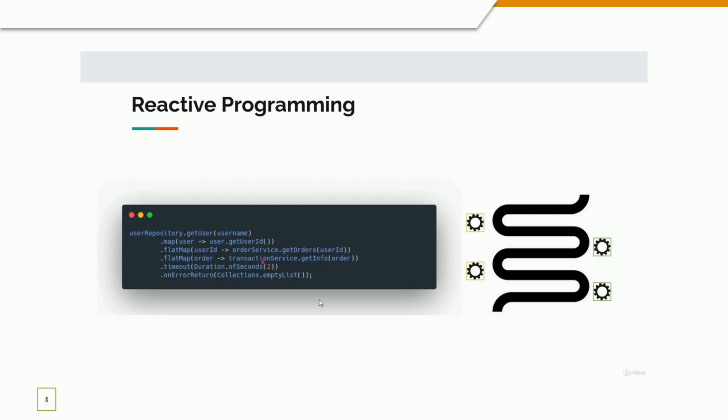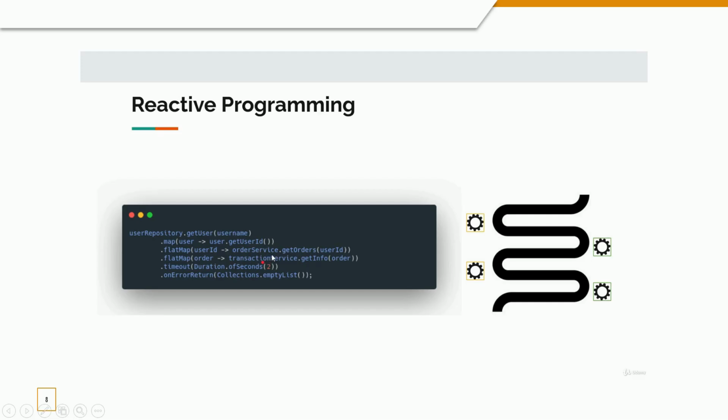Here we have reactive programming, which is also called the declarative approach. See the difference between the imperative and declarative approach. See here, we are doing userRepository.getUser and passing the username, and we are using the map, and by using the map we are getting the user ID. Also here we are using the flatMap.